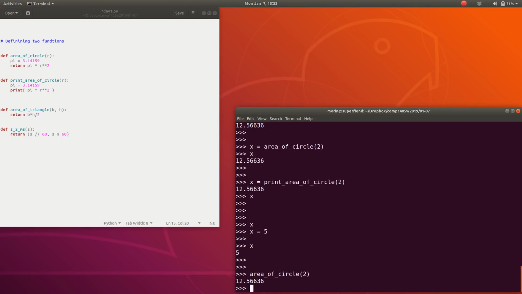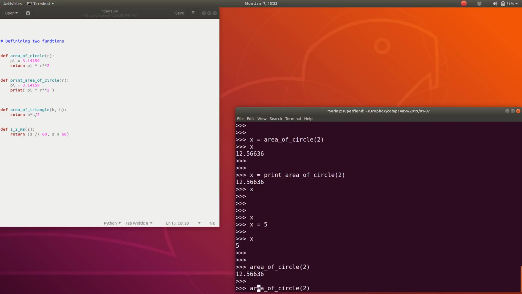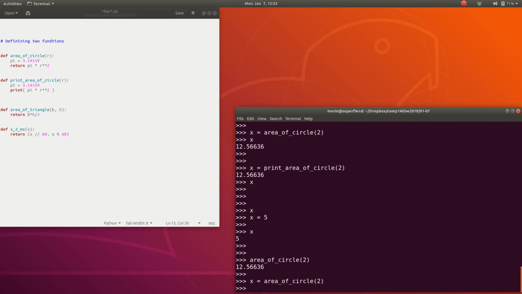And that's why you see it show up there. But if I assign it to x, the interpreter says, okay, he's saved the value that came out of that function. He probably doesn't want to see it. That's one of the drawbacks of this interactive interpreter: it can confuse people about the difference between print and return, but they're very different things.